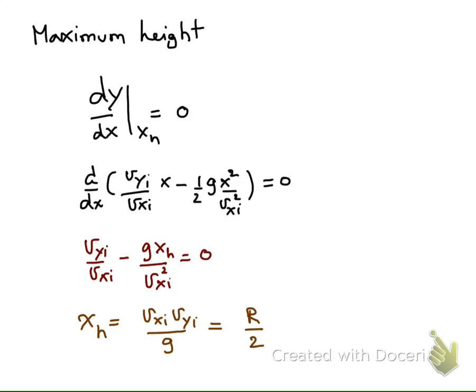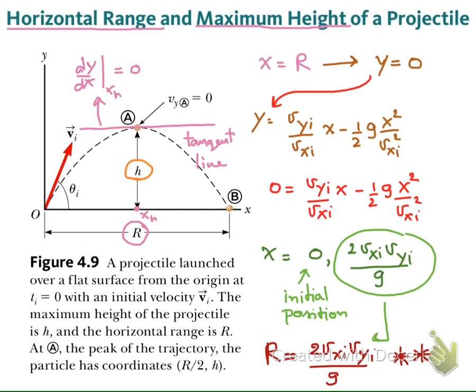And this is what we should expect, because if we look at this figure again, you can see that from the symmetry, the point xh of the maximum height must be equal to half of the length of the projectile.